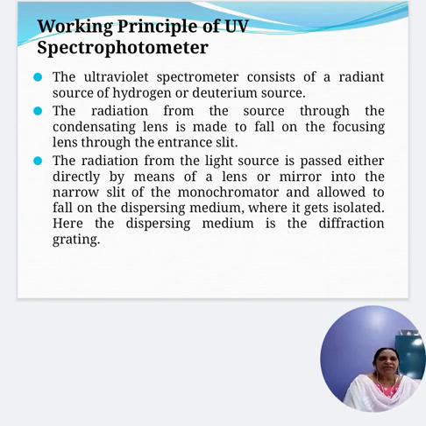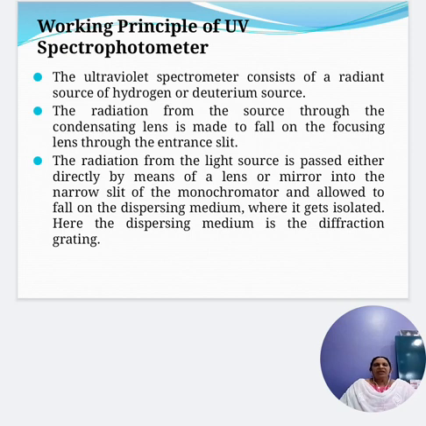When we see the working of an ultraviolet spectrophotometer, it consists of a radiant source of hydrogen or deuterium source. In the block diagram, as we have seen, it consists of a radiant source of hydrogen or deuterium.